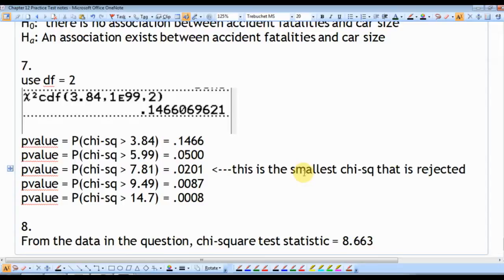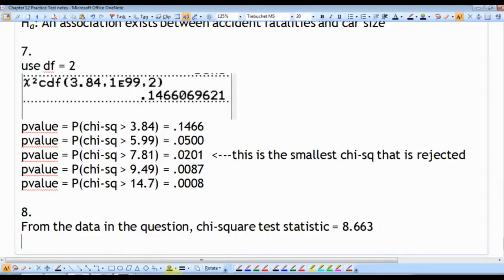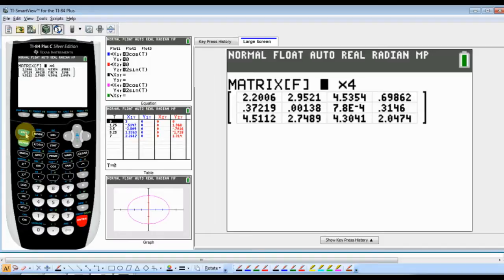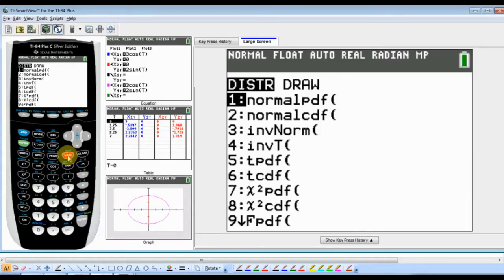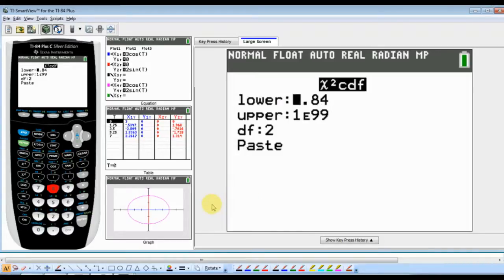We all good? Okay, let's calculate a p-value then. We're going to do the same thing. We still have 2 degrees of freedom. So we're going to use a distribution. Chi-square CDF is right there, number 8, so we'll push number 8.